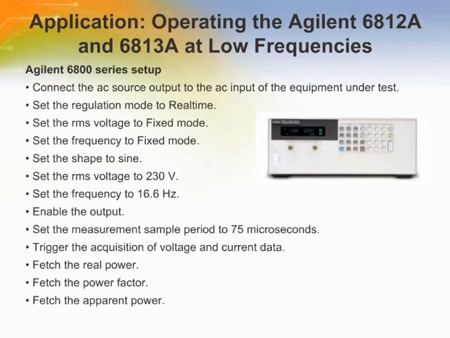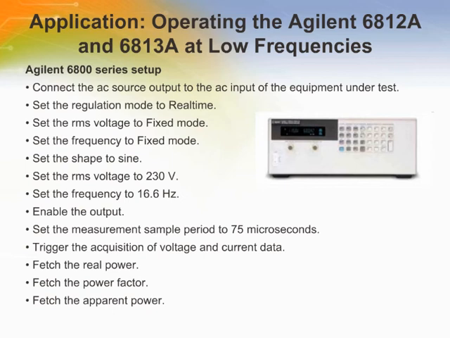Some applications, such as the simulation of European railway power systems, require a low-frequency 16.6 Hz AC waveform. Generating low-frequency waveforms with AC sources can present testing challenges due to output power derating and programming inaccuracies, depending on the regulation technique used.